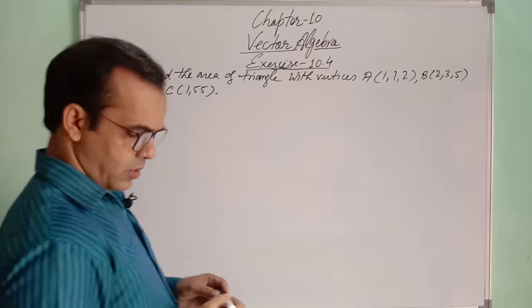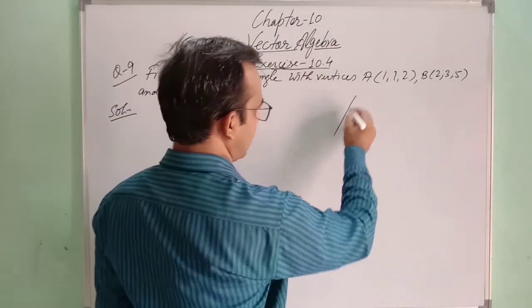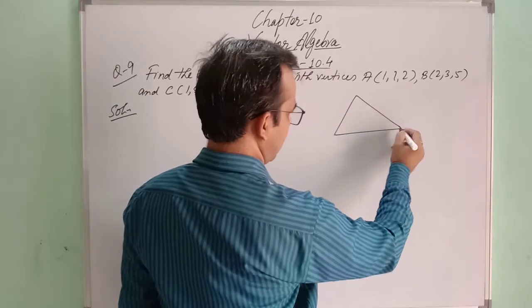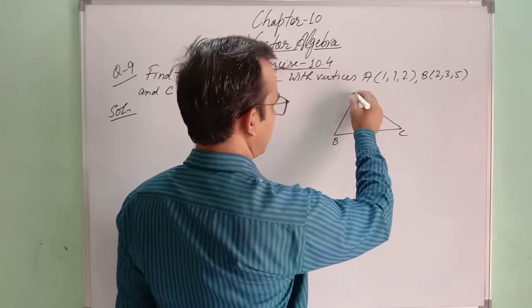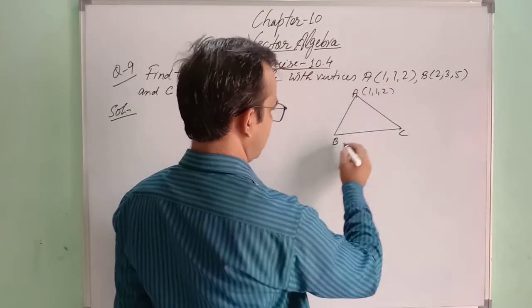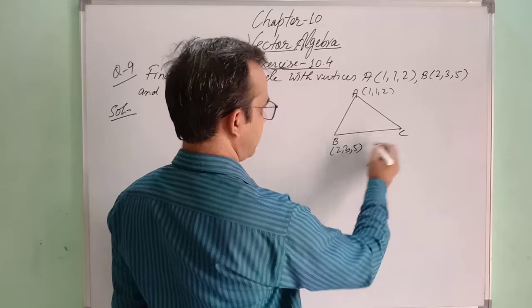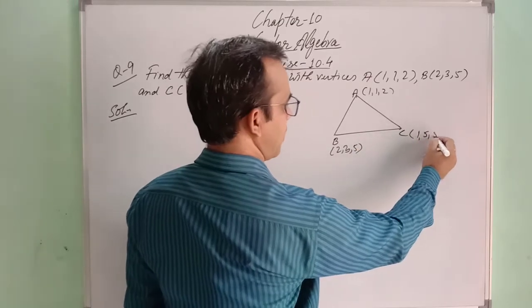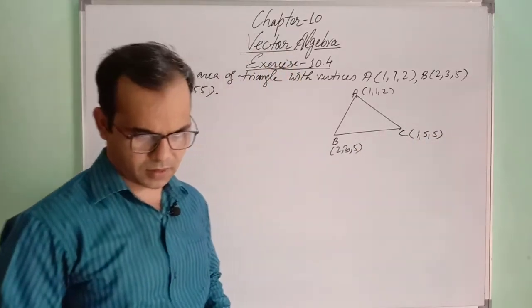Okay, so we have to make a triangle ABC having the vertices as (1, 1, 2), (2, 3, 5) and (1, 5, 5).